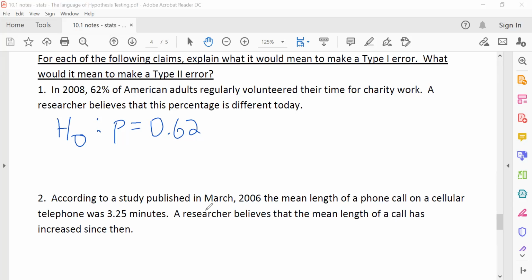The researcher believes that the percentage is different today. So then the alternative hypothesis is that P is different from 0.62, is not in fact 0.62.